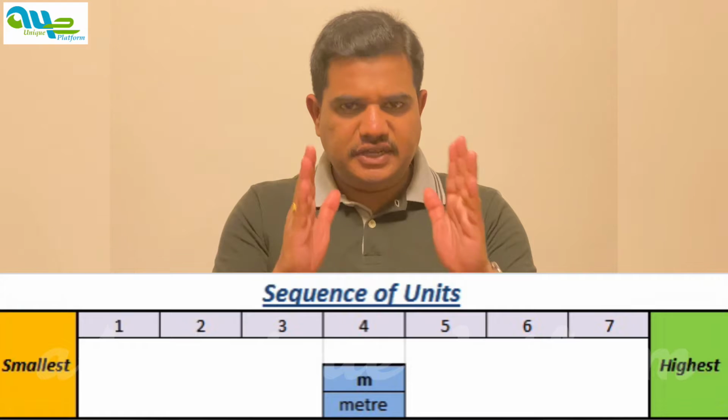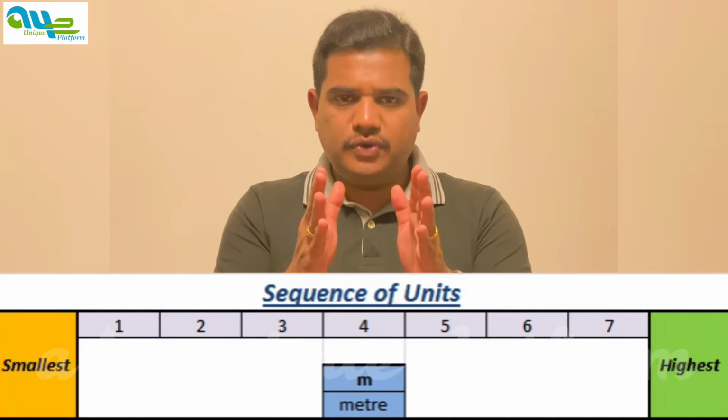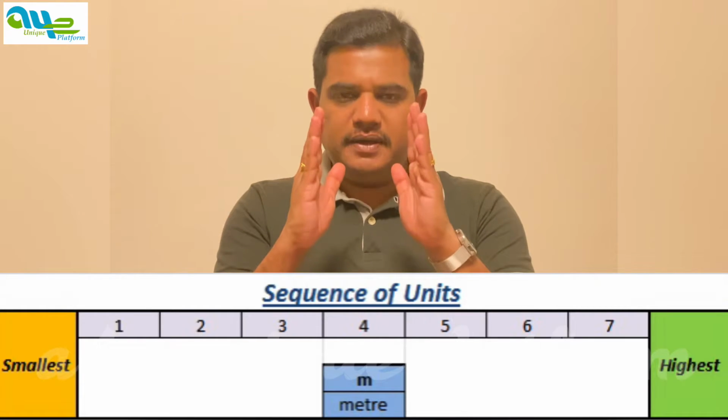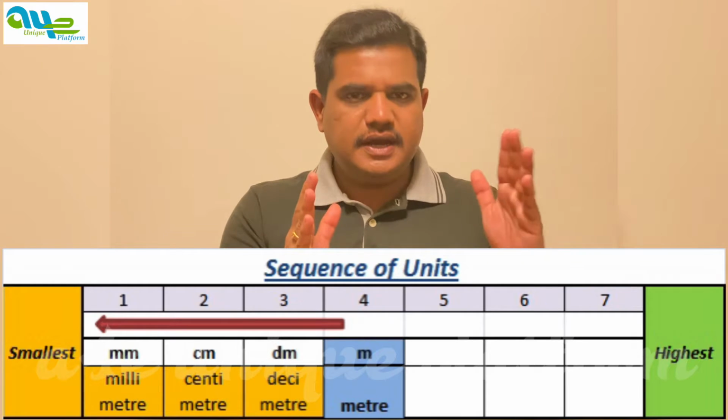To understand the logic and derive it easily, you first need to know the sequence of units. I am going to explain the sequence of units using the distance, meter. There are 7 different units in the sequence. I am going to keep meter as the center unit. There are 3 smaller units: keeping meter, the smaller units are decimeter, centimeter and millimeter.